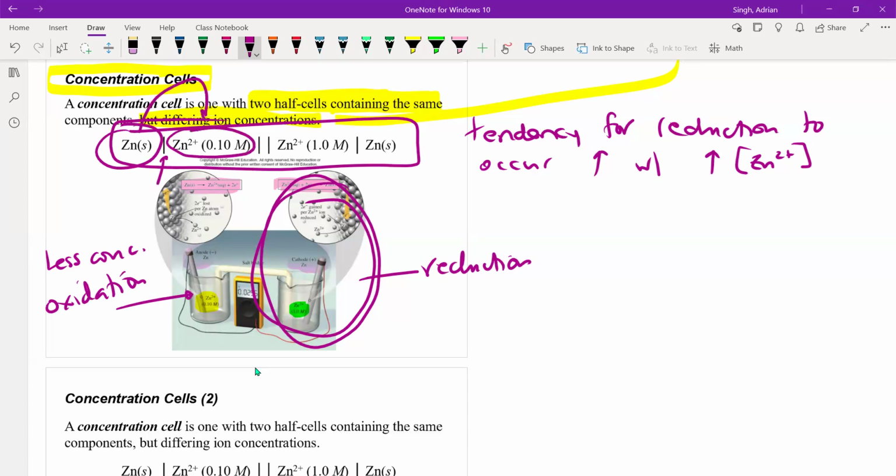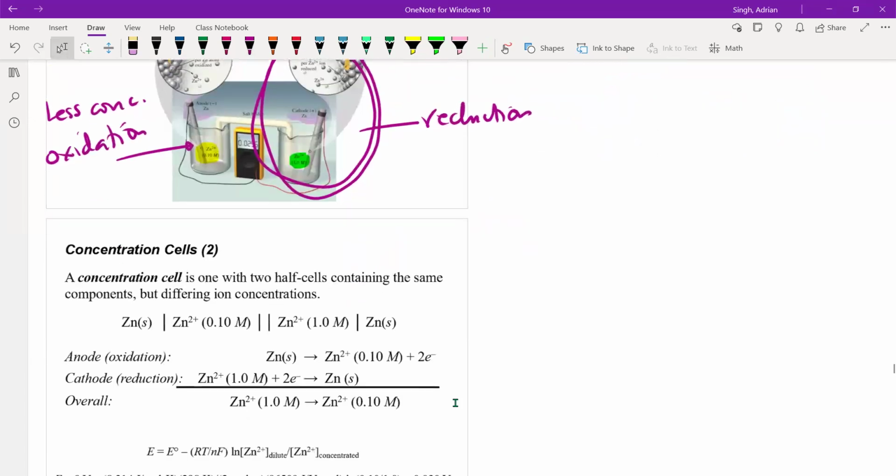This is oxidation happening. And then we have our salt bridge, the zinc 2 plus, now the difference here is the concentration. So 1 molar becoming zinc solid, this would be a reduction that is occurring.